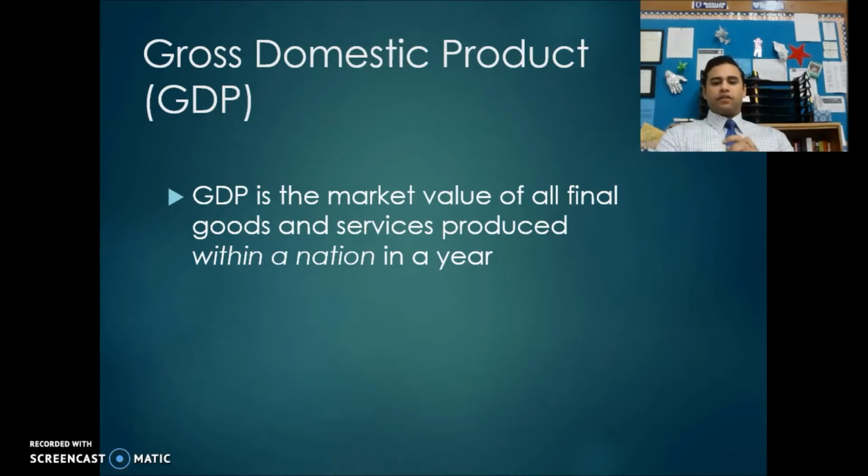I know that can get a little complicated. The next part that's absolutely critical for us to understand when we talk about GDP is the little term in there, final goods and services. Final goods and services are those services that are meant for final human consumption. That's a great textbook answer there.